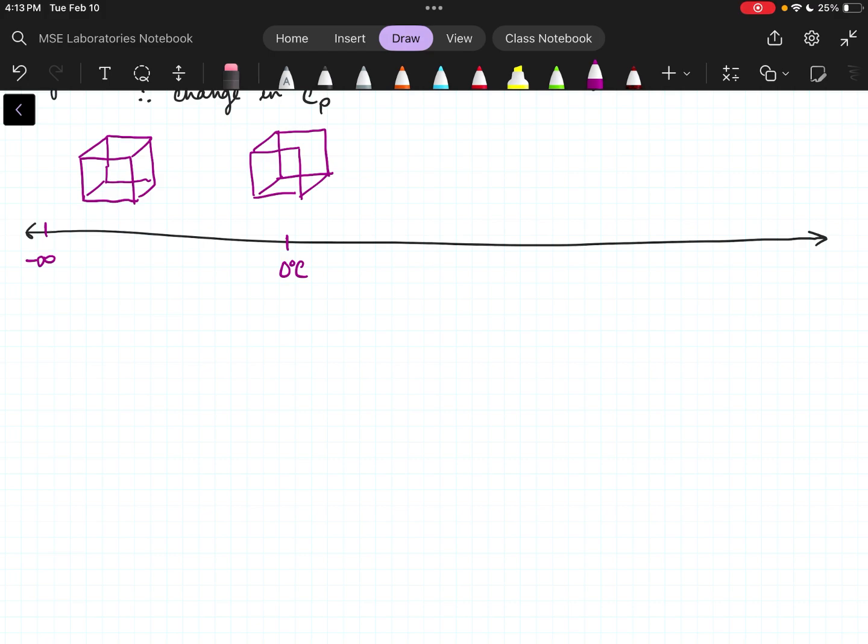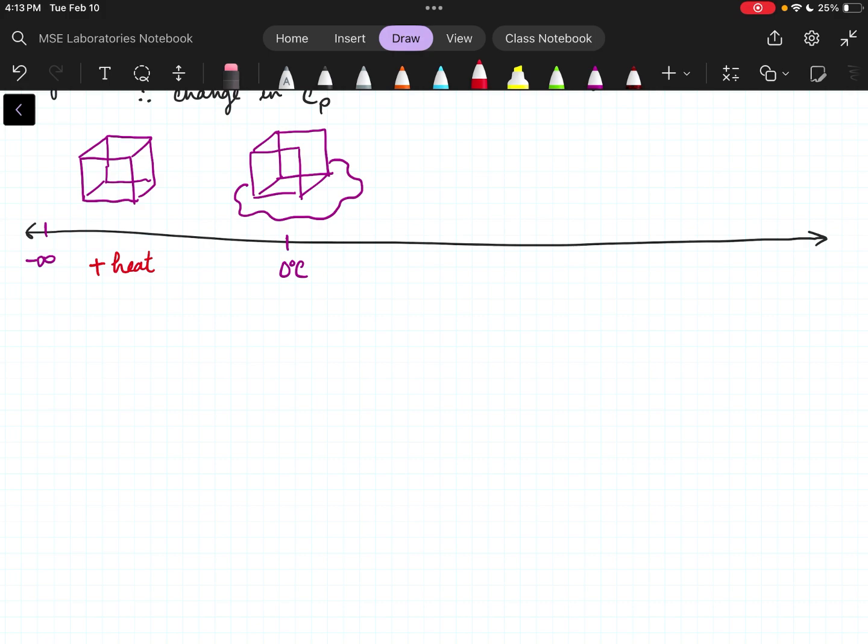It melts. So let's imagine, got a helicopter going overhead. That's not an imagining, that's actually happening. Let's imagine that I have this ice cube and it's negative 50 Celsius. I am going to add a little bit of heat to this ice cube.